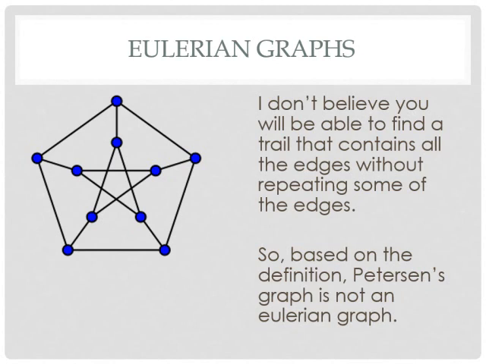In either case, we're going to have to repeat one of the edges to continue our tour, unless that's both the first and the last. However, all the vertices here are of degree 3. So I think we're going to wind up being trapped at a vertex, not being able to leave without repeating an edge.